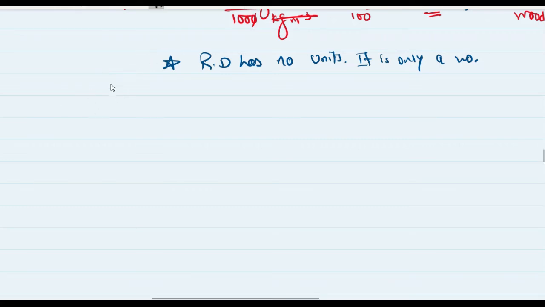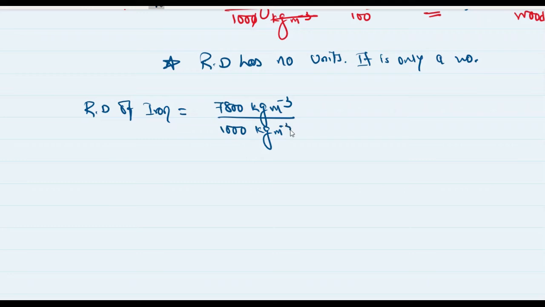Okay, so relative density of iron is equal to density of iron in kg per meter cube, let's take 7,800 kg per meter cube, upon density of water in kg per meter cube, 1000 kg per meter cube. Okay, this will cut, 0 0 will cut, one more 0 will cut, 78 upon 10, that is 7.8 only. Okay, only a number, nothing else. So relative density of iron is 7.8.